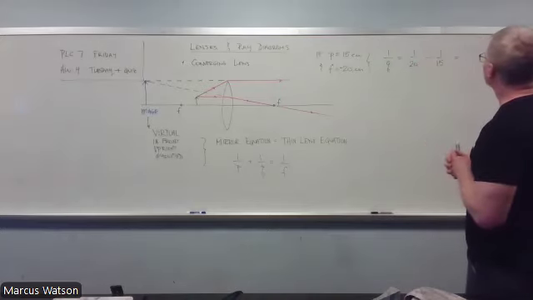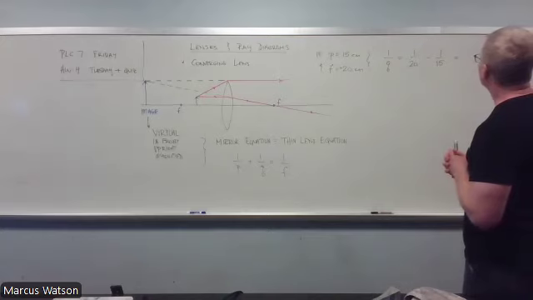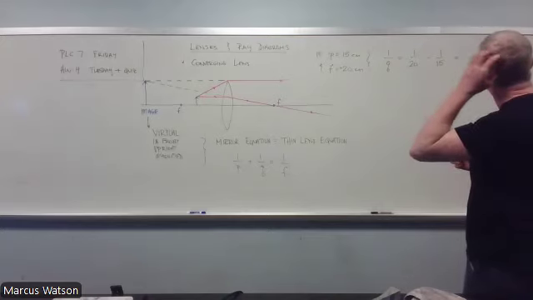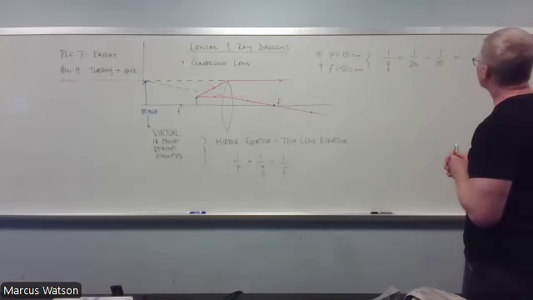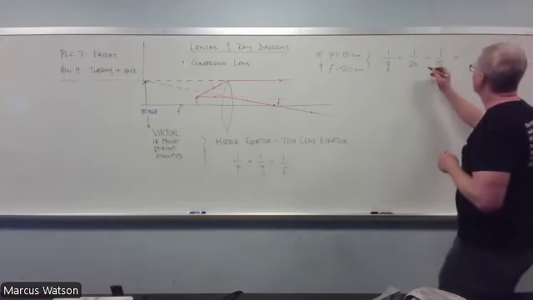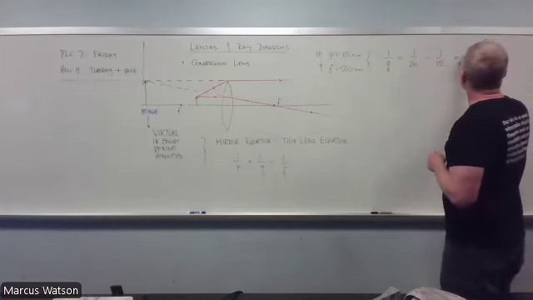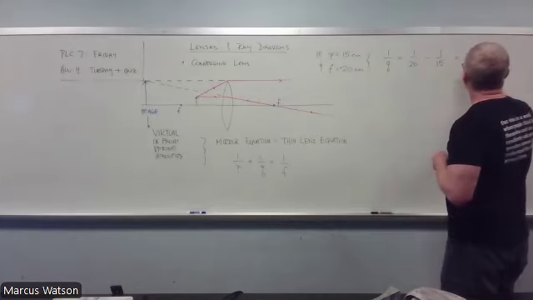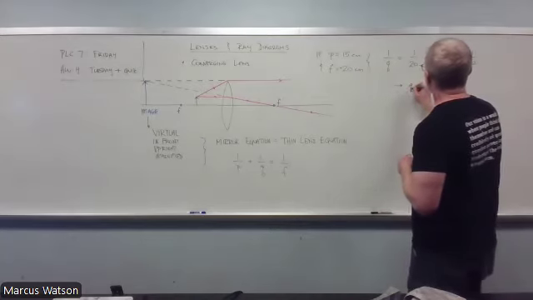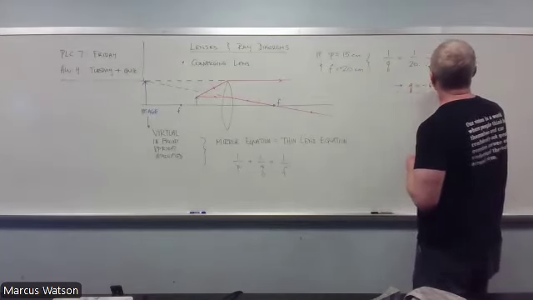There's something nifty that we can do, which is multiply by 4/3. Or I could just go 60 on both of these. That's ultimately what it's going to end up as. So if I go to 60 on both of these, I'm going to get a 4 and a 3, which is going to end up as a negative 1 over 60. And therefore my Q is equal to negative 60 centimeters.